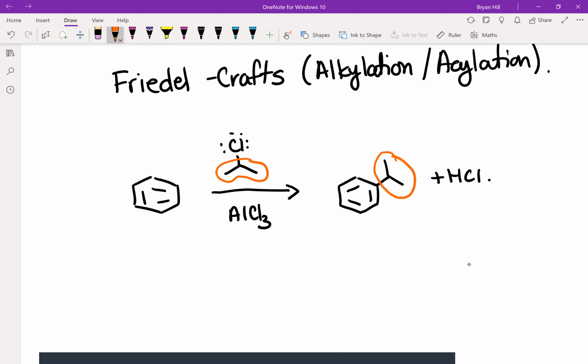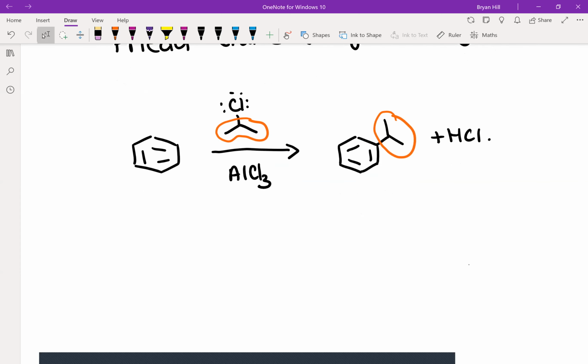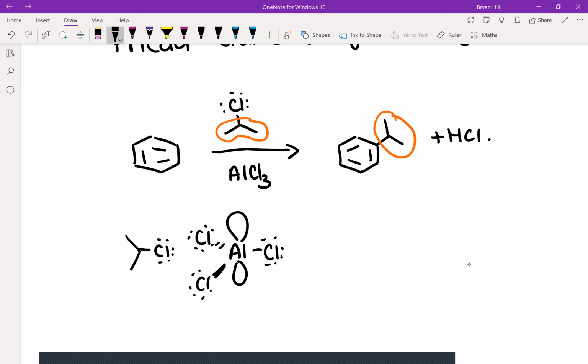Now, aluminum trichloride, much like iron trichloride, is a Lewis acid. It's got that empty orbital. So when we're making our reactive electrophiles, this functions in very much the same way. So we've got our aluminum trichloride. Put on our lone pairs. So it's right underneath boron. So it's got this empty orbital here, empty p orbital.